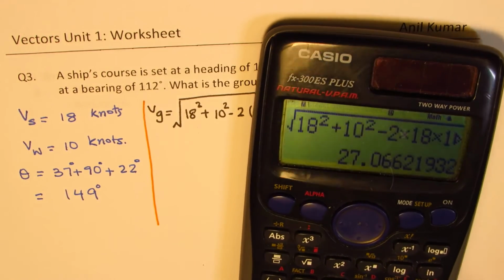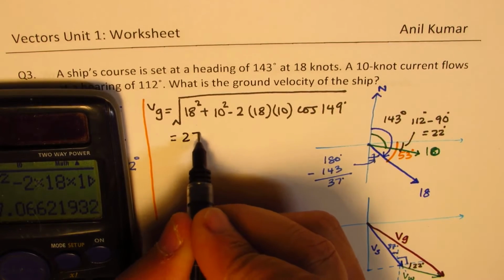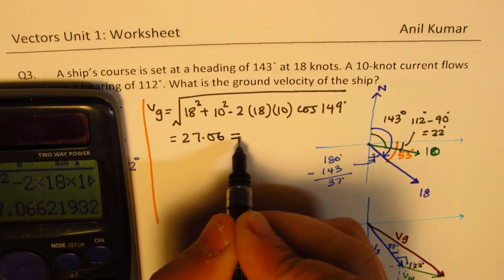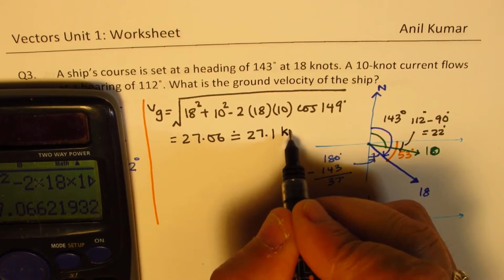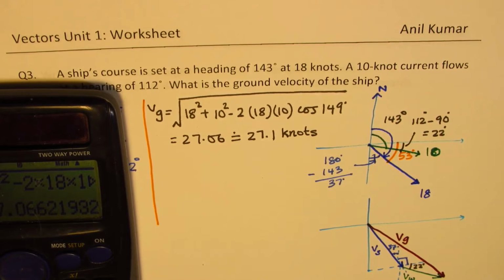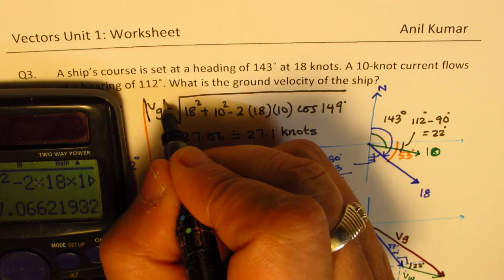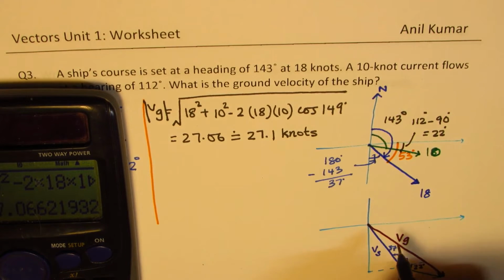This value is 27.06, which we can approximate to 27.1 knots. So we have the magnitude of this, right? You can say magnitude, right? Okay, no problems. Now we need to find the direction.